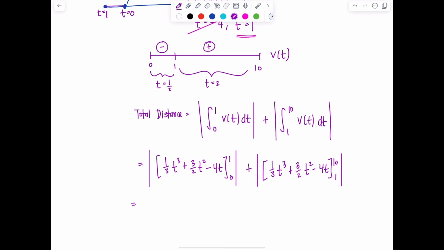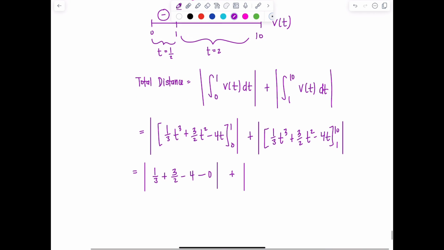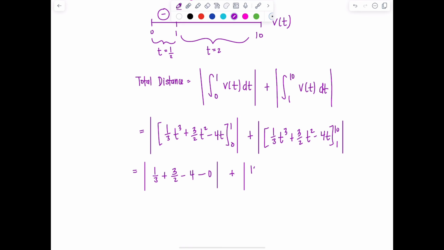And then plugging everything in, this is going to be 1/3 plus 3/2 minus 4, and then minus 0 for the lower limit, plus, and then I already know if I plug in 10, the upper limit, because we did it earlier, it's 1330 over 3 minus 1/3 plus 3/2 minus 4.